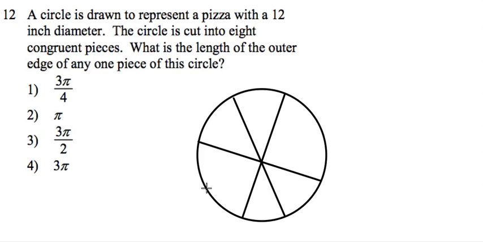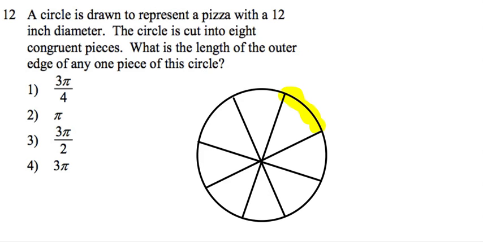Let us assume that they are congruent. Alright, what is the length of the outer edge? So outer edge right over here. So we are looking for from here to here to here, that outer edge.